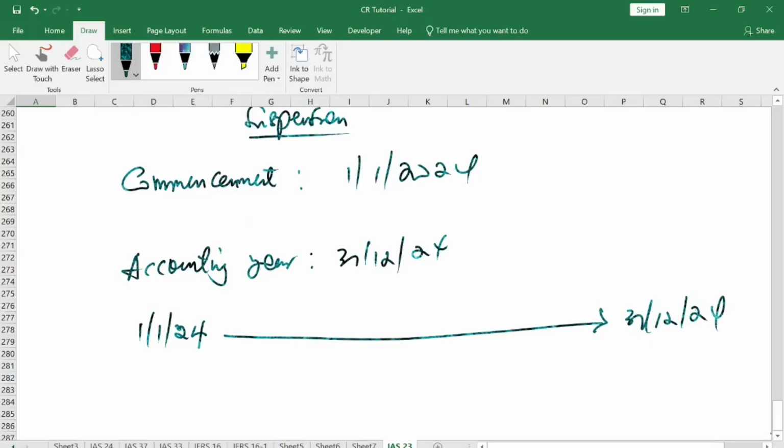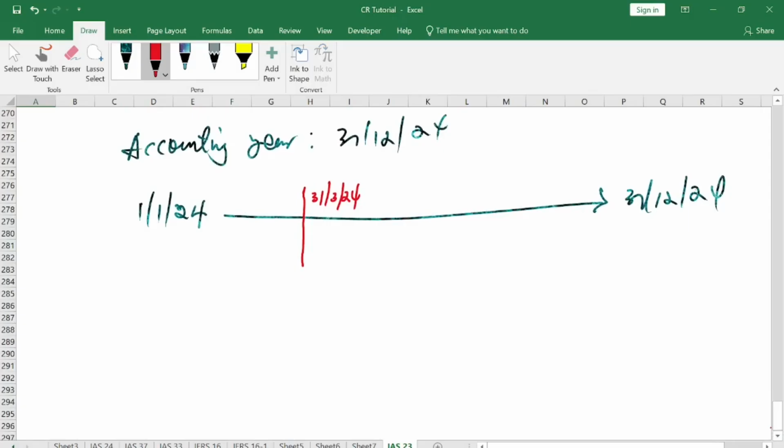Now, if on this period, let me say on 31st March 2024, something happened. What happened from 31st March to 31st May 2024?